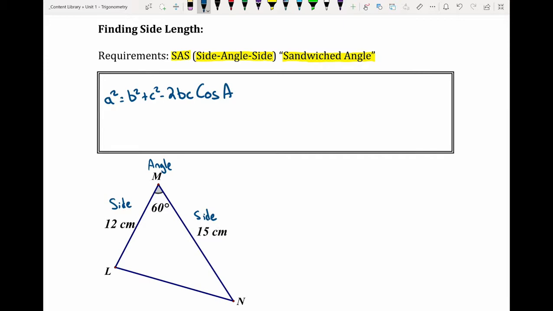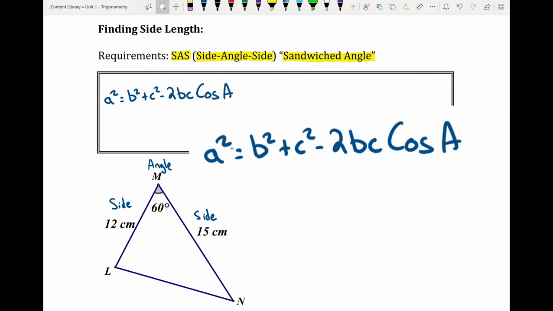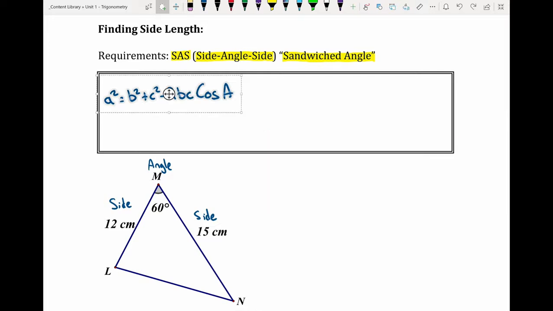If I want to solve for side B, it's the exact same thing.